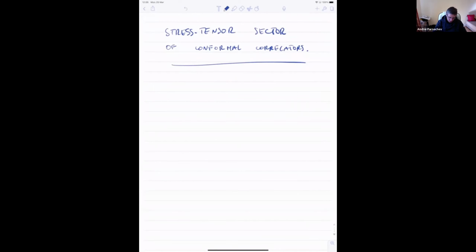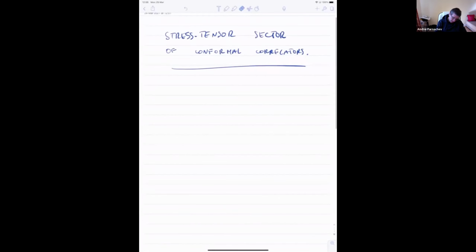I'm going to talk about conformal field theories with a large central charge, where by central charge I mean the coefficient which appears in the two-point function of the stress tensor.